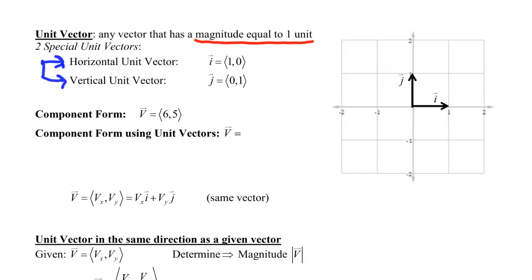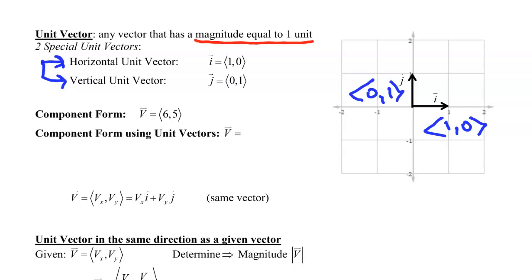We use the letters I and J. So I with a little vector hat on it is the vector 1, 0, which is right here. And J is the unit vector that is in the vertical direction, or 0, 1.